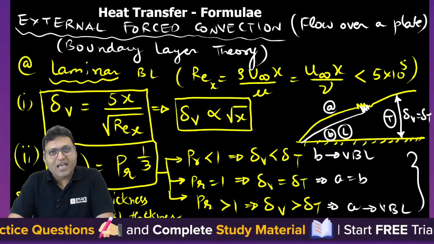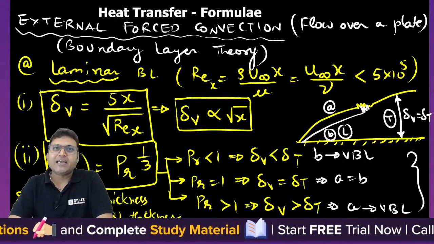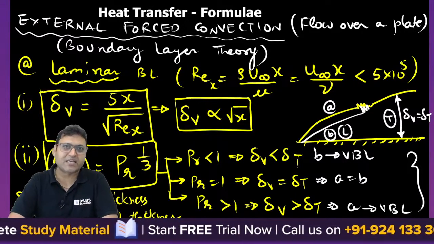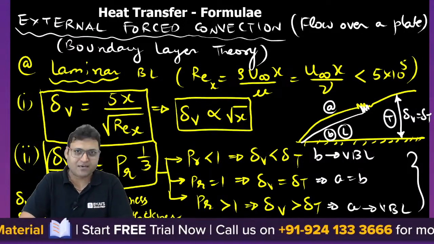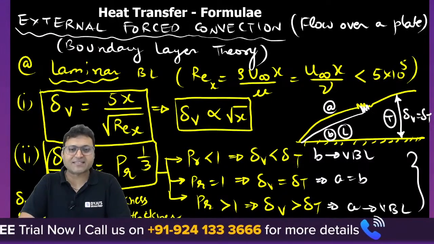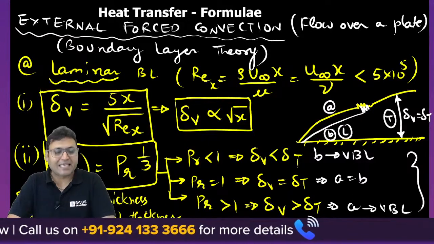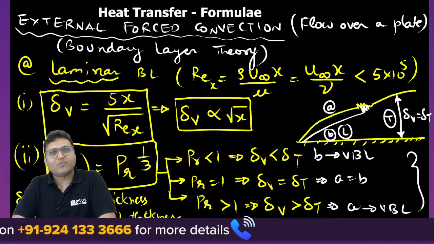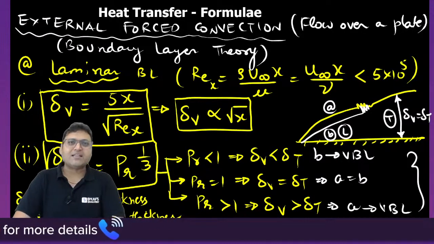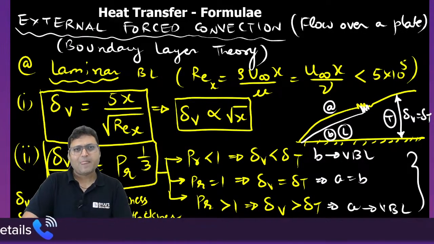For the fluid having Prandtl number equal to 1, it means in laminar region there will be equal growth of velocity boundary layer and thermal boundary layer. So A and B will be equal. Both velocity boundary layer thickness and thermal boundary layer thickness will be same. There are fluids whose Prandtl number is greater than 1, like water. For water, the Prandtl number is around 7.